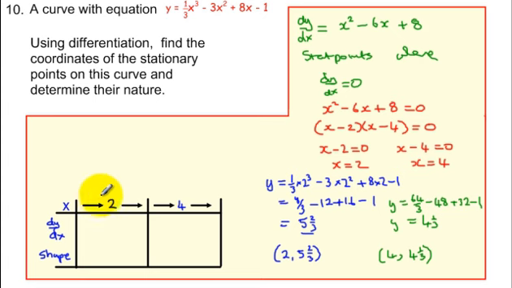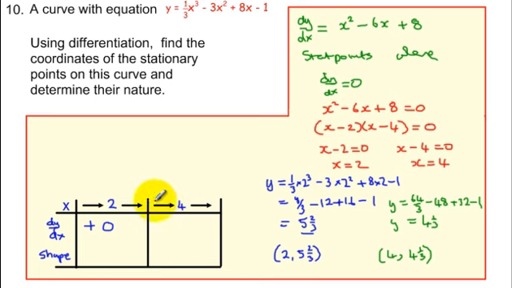Fitting in a value of 1 into the dy by dx formula will give 1 squared minus 6, which is minus 5, plus 8 is 3. So dy by dx is positive to the left of 2. At 2 we know that dy by dx is 0.